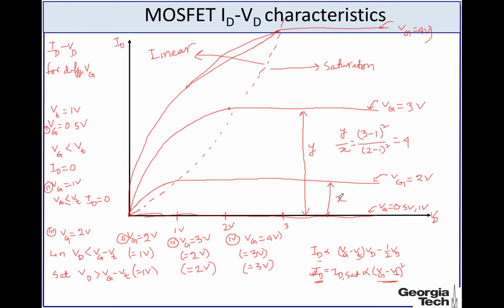So the saturation current for 3 volts will be 4 times larger than the saturation current for 2 volts.